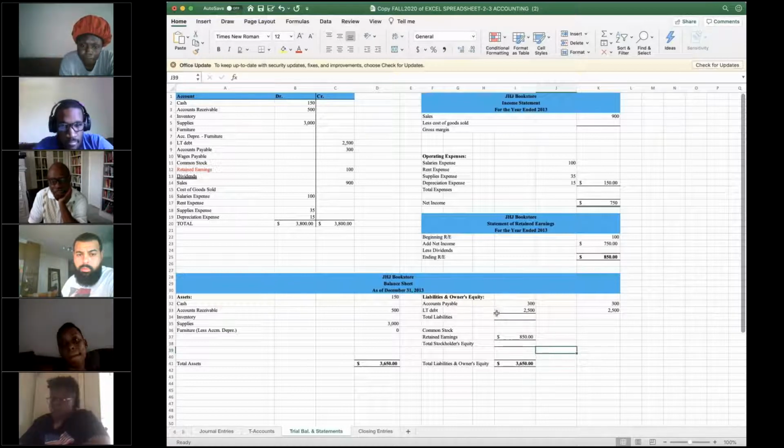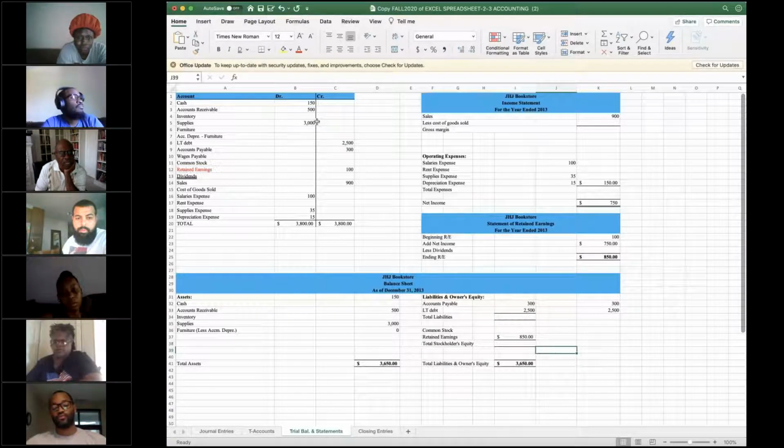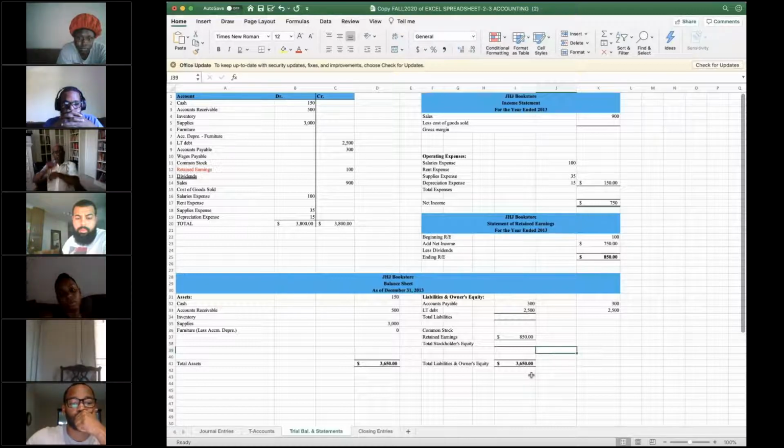When we get ready to do the balance sheet, we look at items. I've got retained earnings in red. You aren't going to use this one, but you're going to use the new one. So cash, receivables, and supplies, those are the assets. Then on the liability side, long-term debt, accounts payable, and the new retained earnings of 850 gives you the balance sheet.